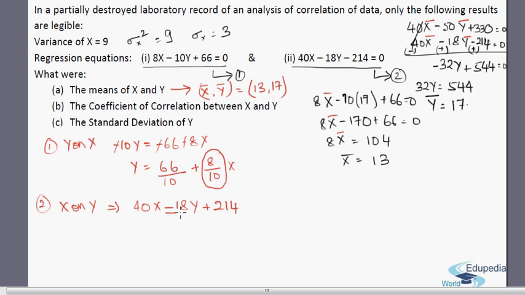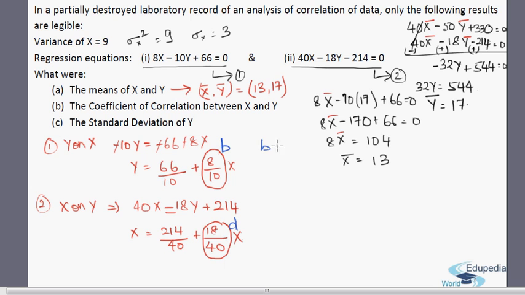Okay, so x will be equal to 214 by 40 plus 18 by 40y. We are concerned with the value of d, that will be this. So this is the value of b and this is the value of d.